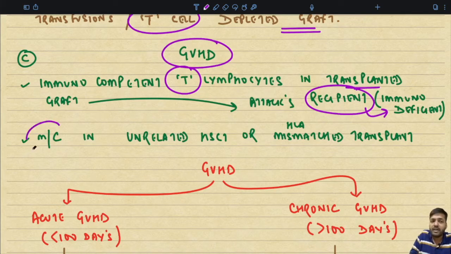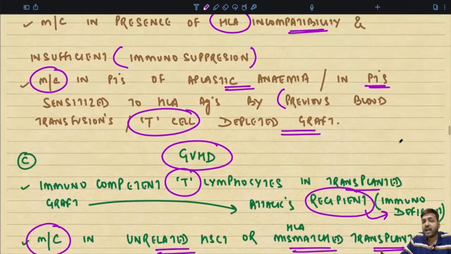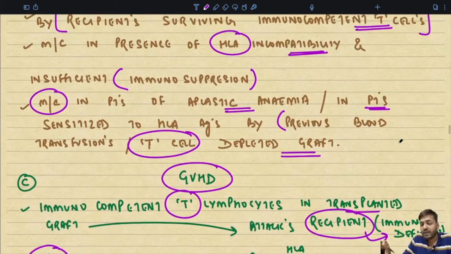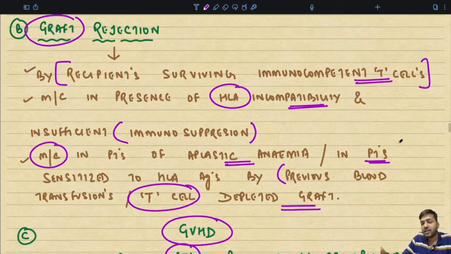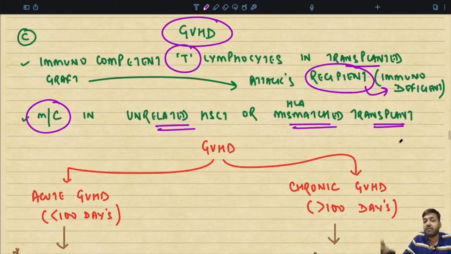So most commonly, graft versus host disease occurs in unrelated hematopoietic stem cell transplant or HLA mismatched transplant. So that is why it is very important that HLA matching is done before carrying out the transplant. Why? Because if HLA is not matching between the donor and the recipient, the risk of graft rejection and graft versus host disease becomes very high.